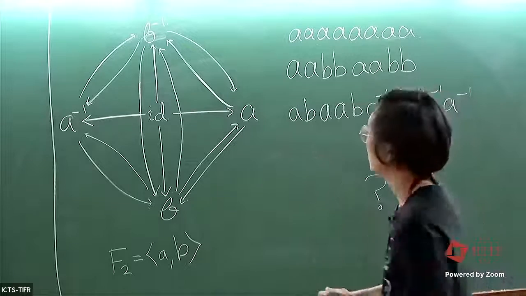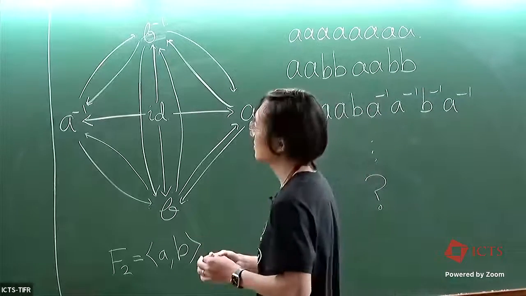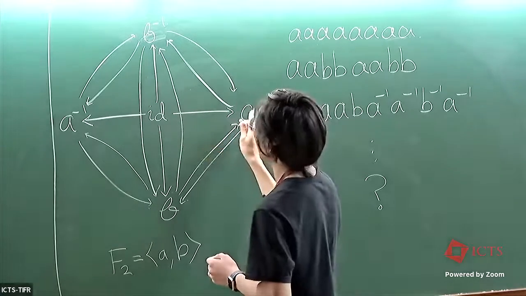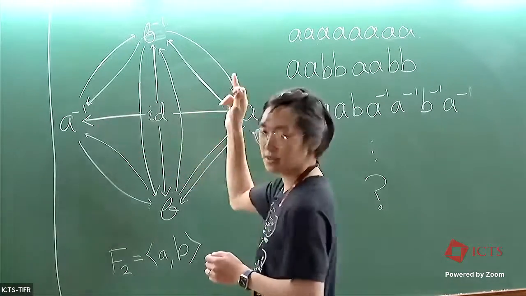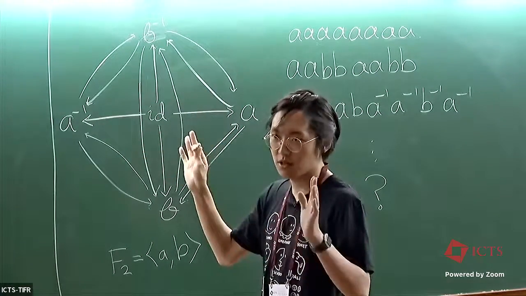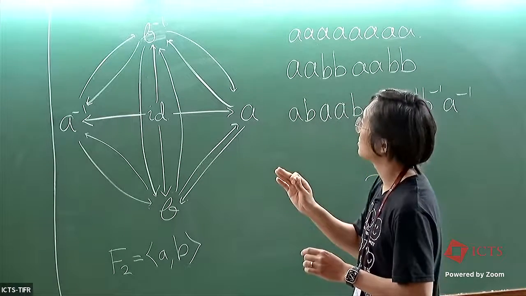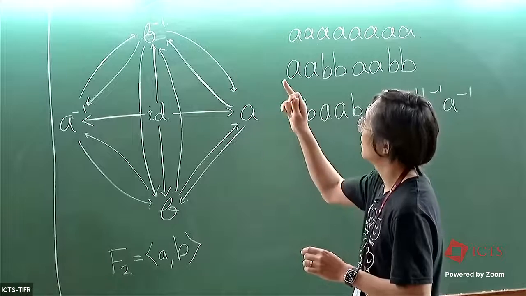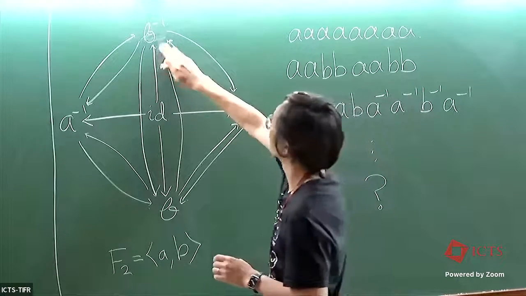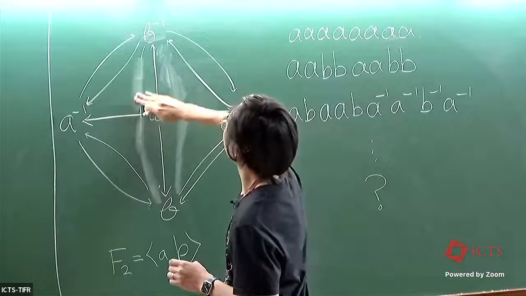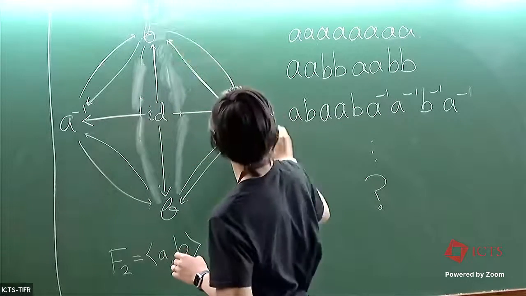So how should you generate a word? This is the rule. You first go to either A, or B, or A inverse, or B inverse, whatever.